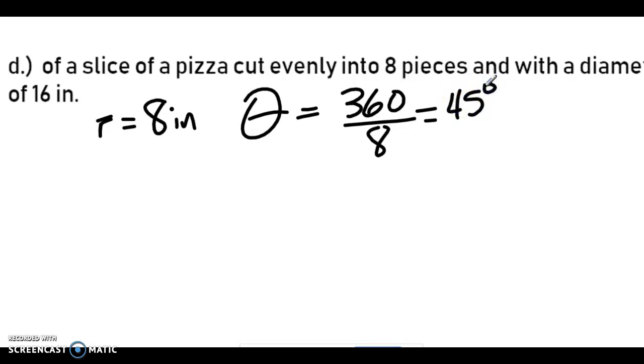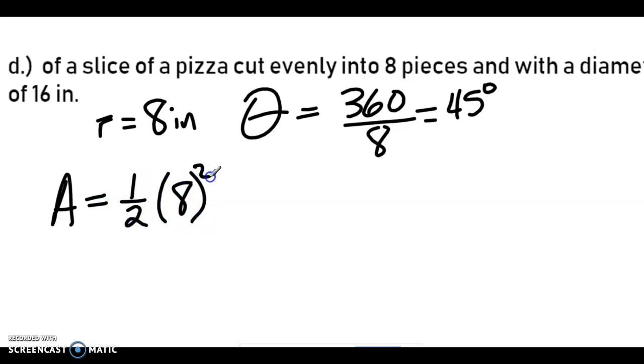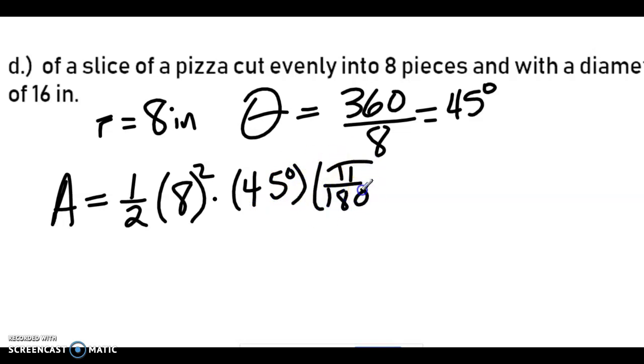So we're going to use a formula that involves theta in terms of degrees. So our area is going to be 1/2 our radius of 8 squared times 45 degrees times pi over 180.